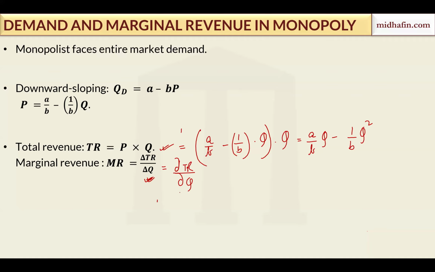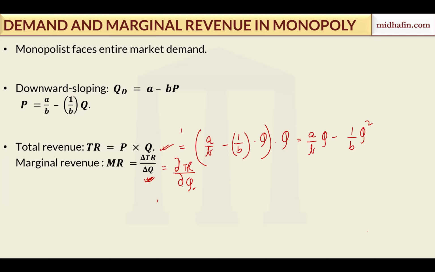I'm taking more liberty because I could have written dTR dQ, and that would also not be incorrect, at least in this context. But I use this dow, as we call it in calculus language. This is partial derivative. When I say partial derivative, it means that you only differentiate with respect to Q, keeping others as constant.